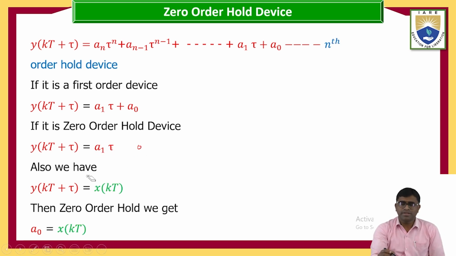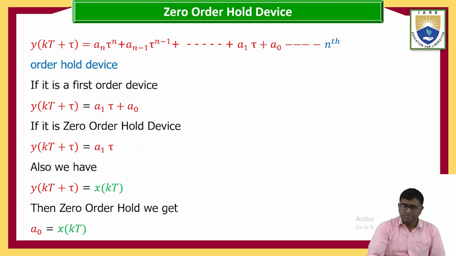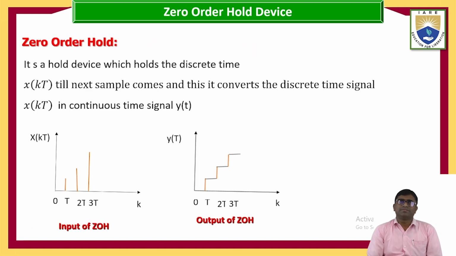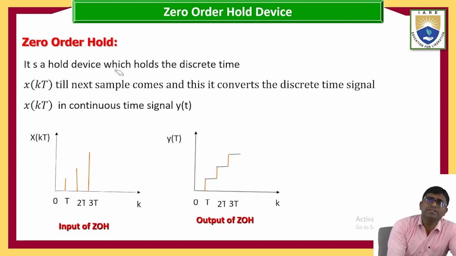This is your nth order discrete time output equation, and from the nth order we are taking the first order and zero order hold equations, that is y of k plus tau, this one. What is meant by zero order hold? It is a device which holds the discrete time signal x of kT till the next sample comes.